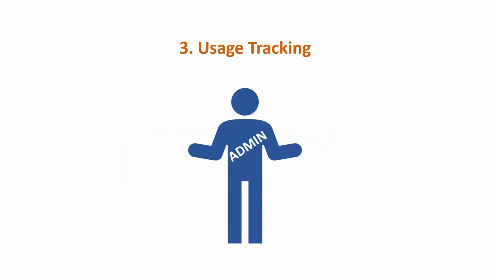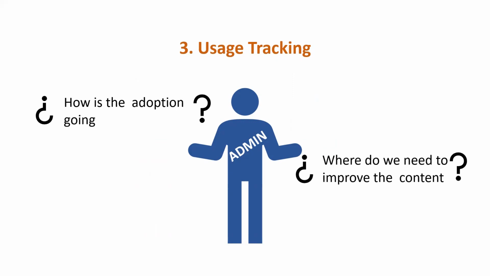Now, another topic that is very dear to content managers' hearts is usage tracking. So questions such as: how's the adoption going? Where do we need to improve the content? How is the content performing?